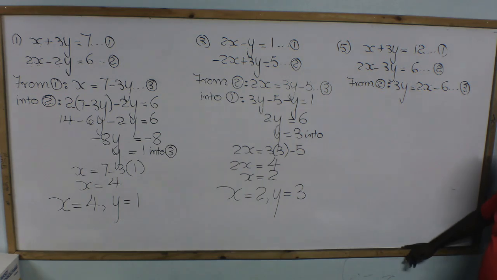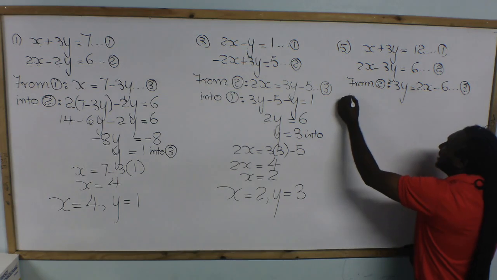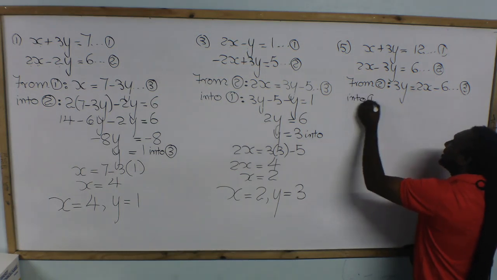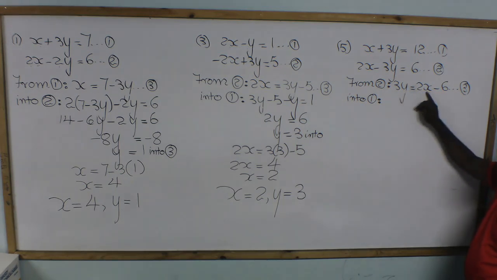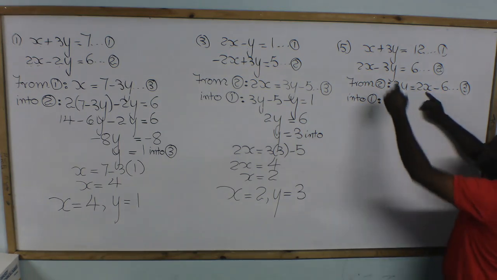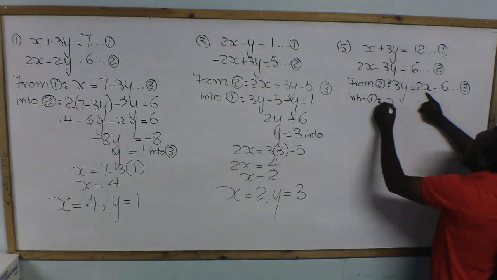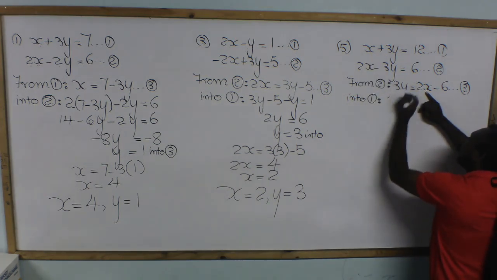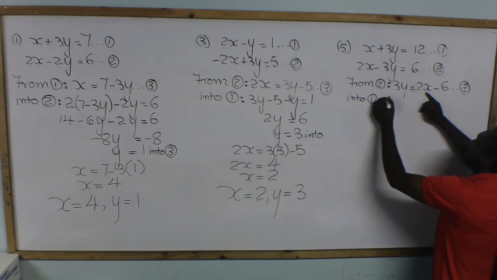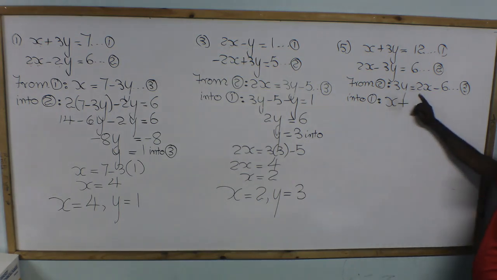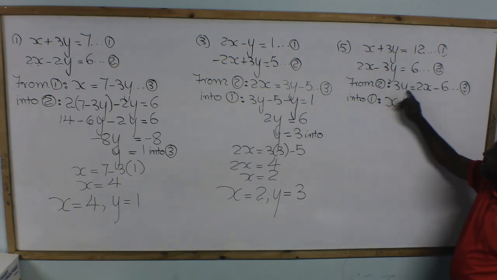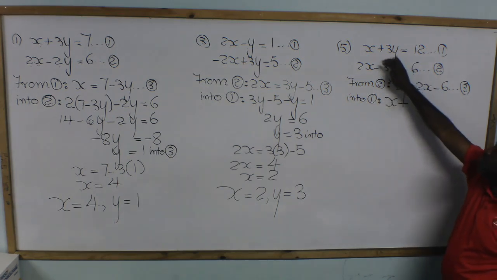So we have 3y is equal to 2x minus 6. And we are going to put that into which equation? Into 1. Where we see 3y, we put 2x minus 6. So we'll begin right there with x plus, right, because your 3y that you have here is 2x minus 6.